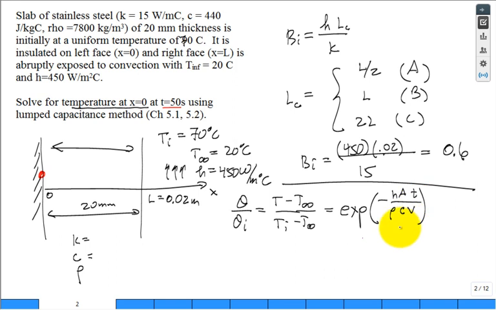That's a great way of writing it. They also write it as e to the minus Biot times Fourier. You can also write it like that.